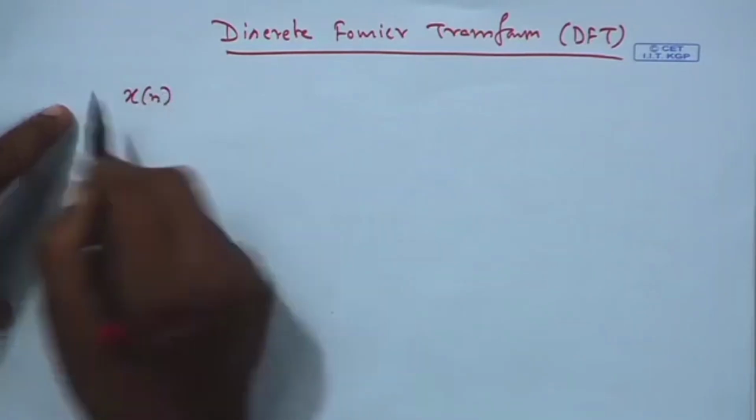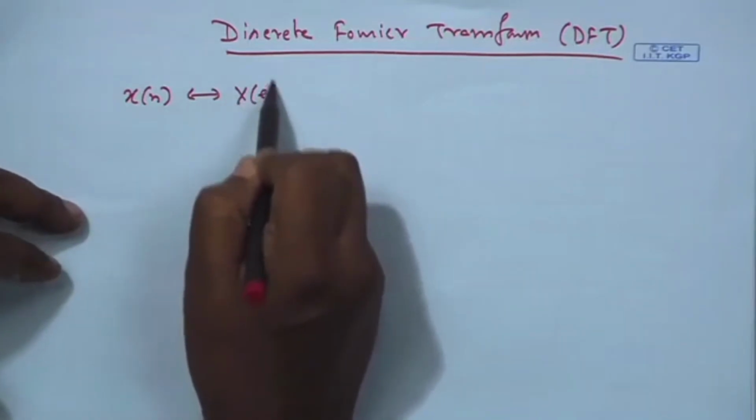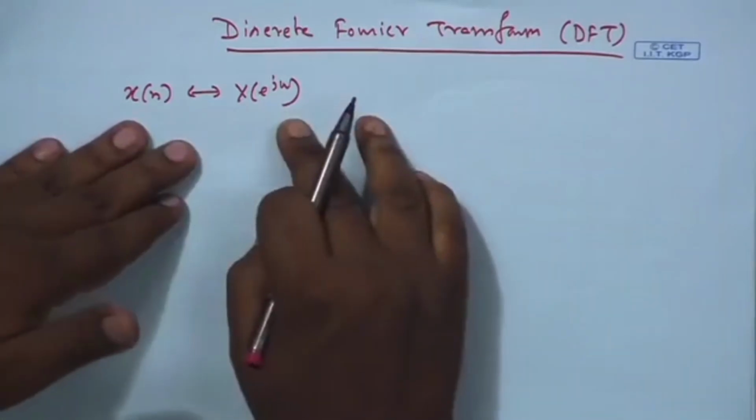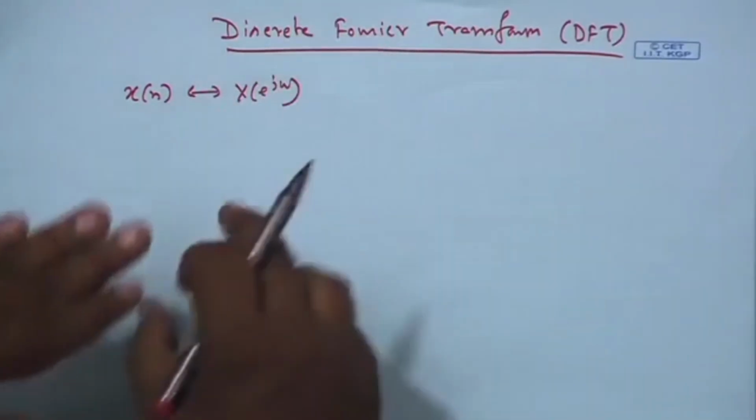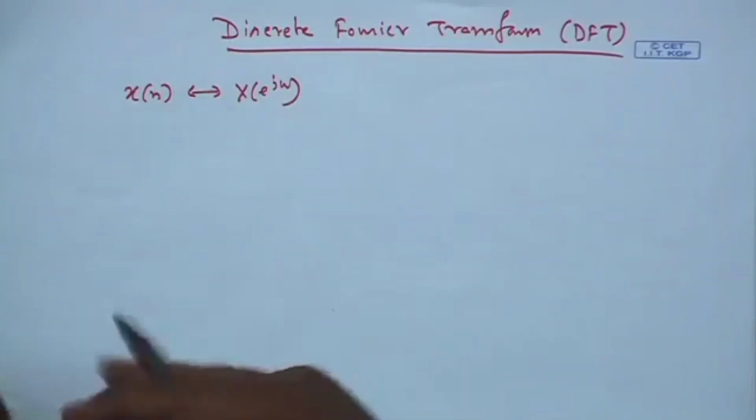Originally, I had x[n], one sequence, maybe infinitely long from minus infinity to plus infinity. It has a DTFT X(e^jω), which is a complex function. As I told you, if you want to really plot it, you should plot magnitude versus omega and phase versus omega, and both will be periodic over a period of 2π.